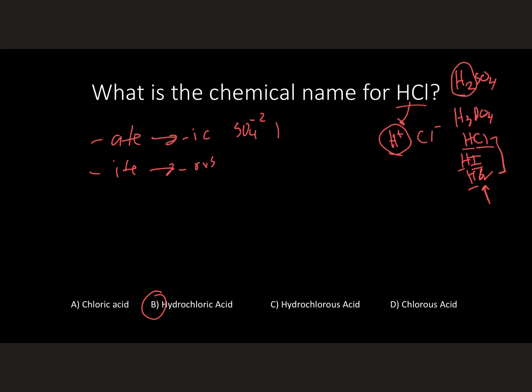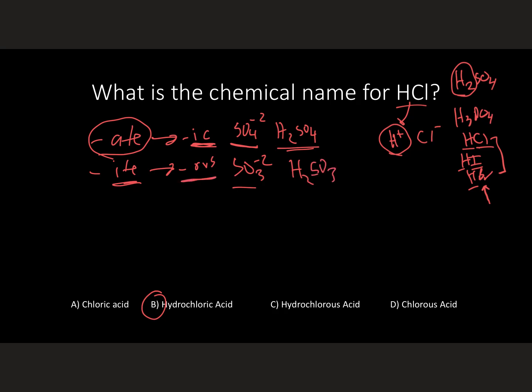If we write that out as H2SO4, that's sulfuric acid, so the ate ion, sulfate, becomes sulfuric acid. SO3 -2 is sulfite. If we had H2SO3, that's going to be sulfurous acid. So you need to know ate to ic, ite to ous, and it's very useful.